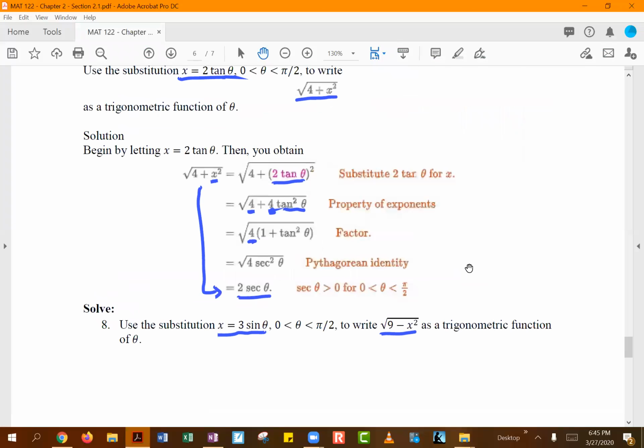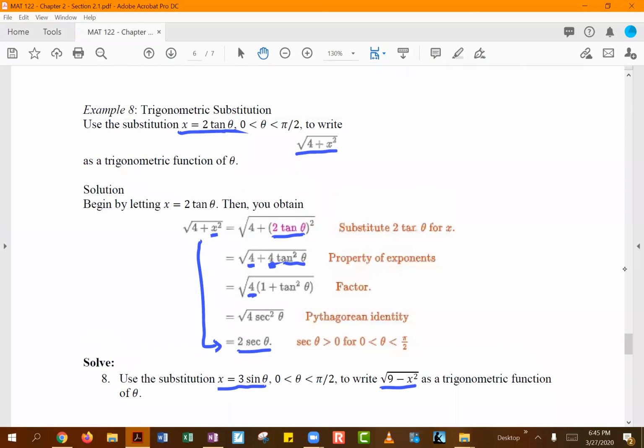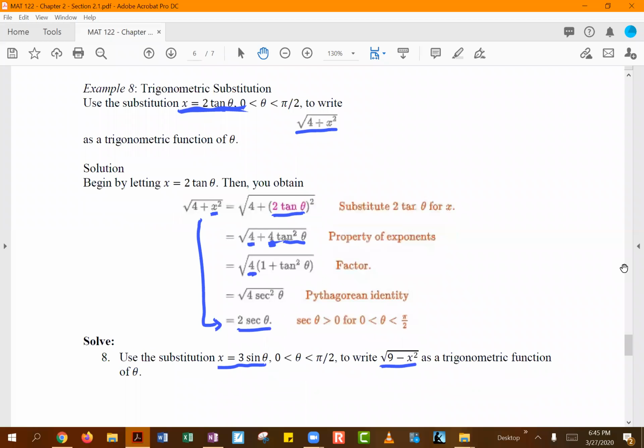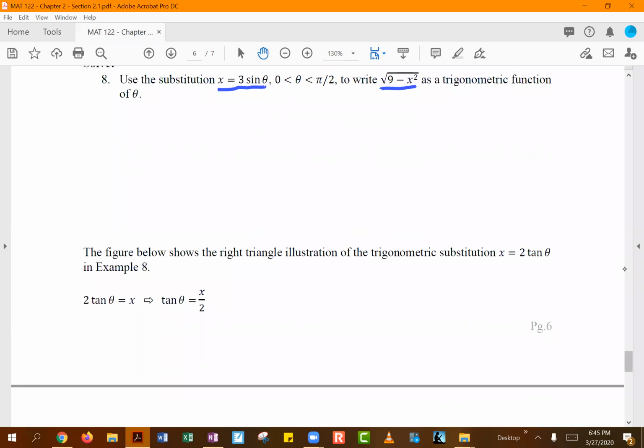So this is going back to example 8 here using this expression of x equals 2 times tangent theta. So the idea is to get tangent theta by itself. If you divide both sides by 2, you end up getting tangent theta equals x over 2. So you know tangent is opposite over adjacent.